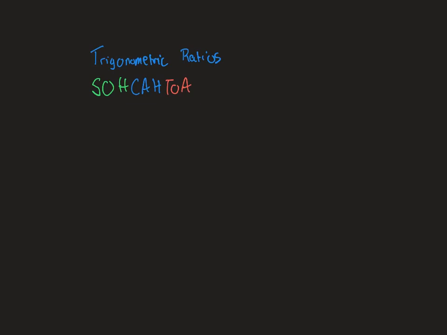It's been looked at various years before. So basically it means when you take the sine of theta, it's going to give you your opposite divided by your hypotenuse.